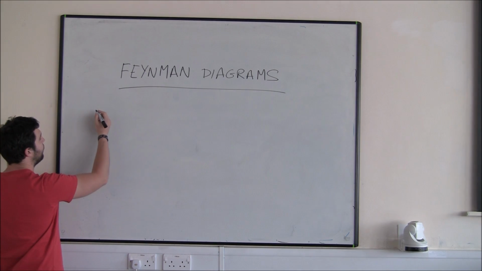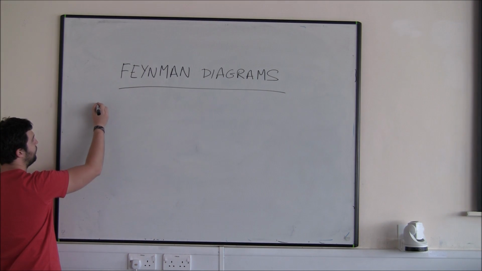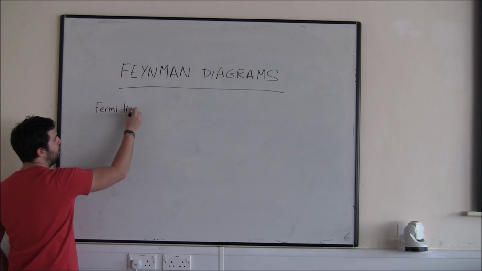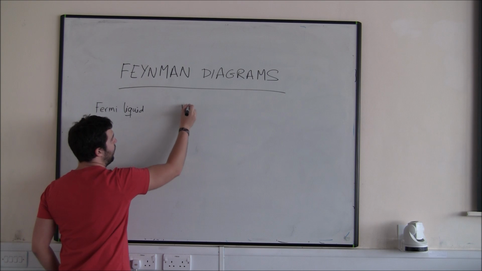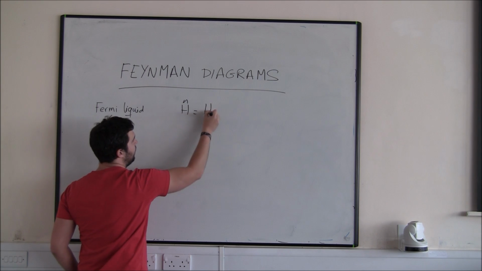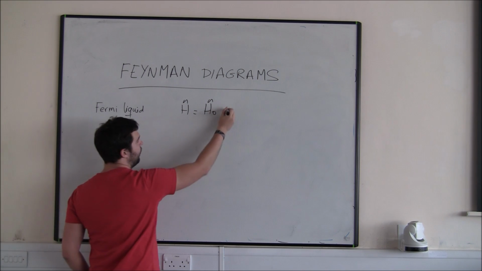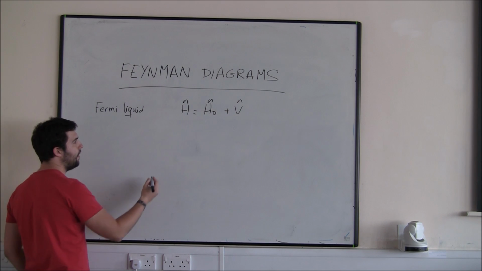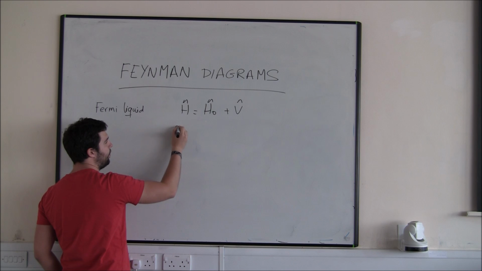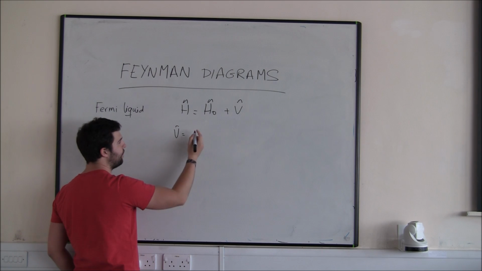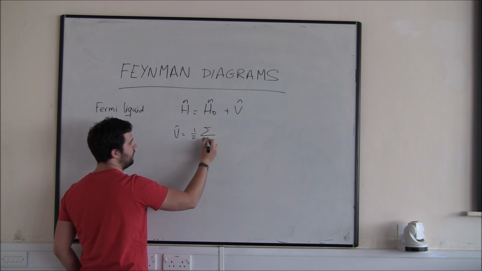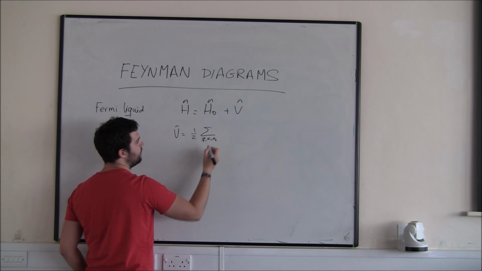We've seen in the notes that we have a Fermi liquid when we can describe our Hamiltonian of the system as a non-interacting part that we call H naught plus another interacting term. And we've seen in the notes that this interacting term, this operator, can be expressed in terms of the creation and annihilation operators as a sum over different momenta.